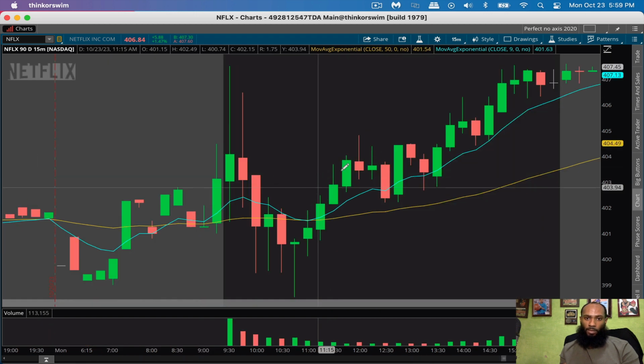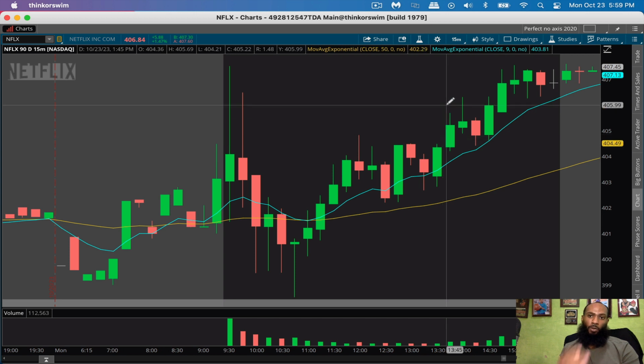I like to watch the tops and the bottoms of each wave. So when you see that the highs are broken, that is a signal that price is likely to go higher. If price breaks the low, that is a sign that price is likely to go lower.